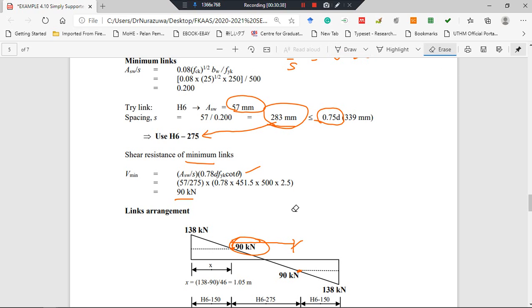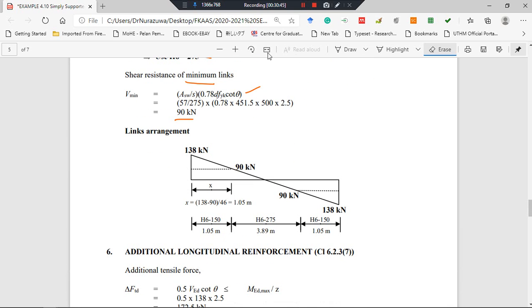Thus, we provide the shear link from here up to this, H6 150, the same as this part, H6 150.